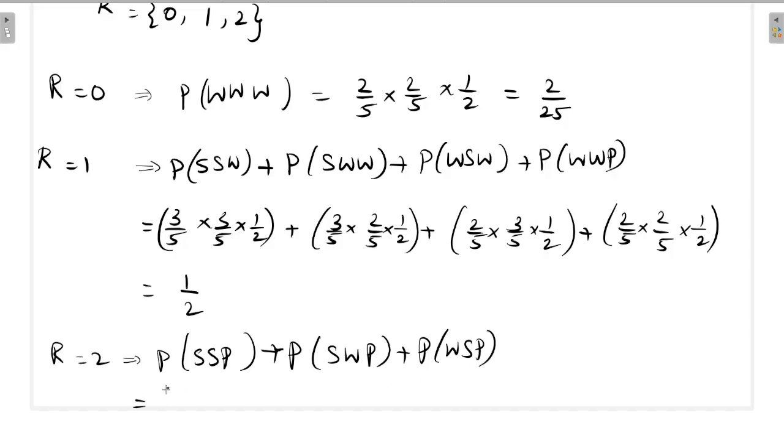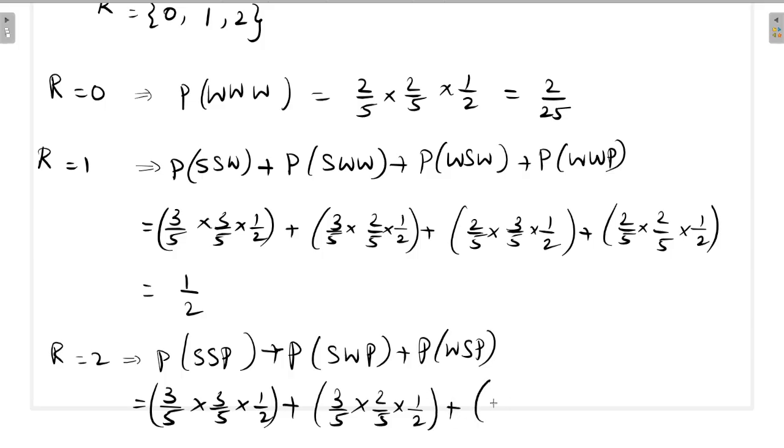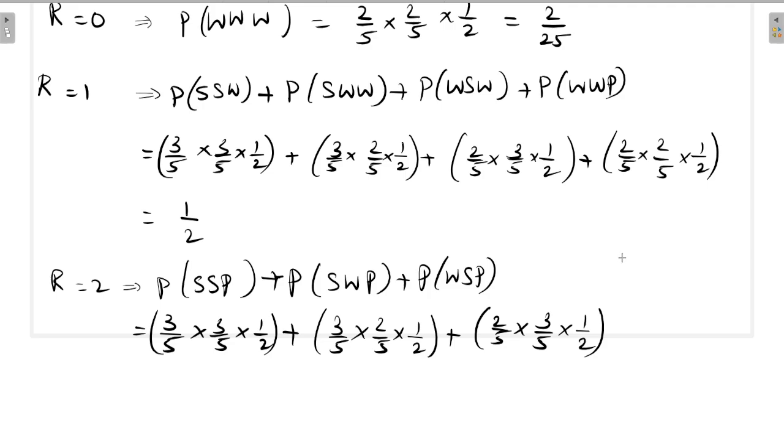Let's add these: 3 by 5 times 3 by 5 times 1 by 2 plus 3 by 5 times 2 by 5 times 1 by 2 plus 2 by 5 times 3 by 5 times 1 by 2. So this simplified value is equal to 21 by 50.